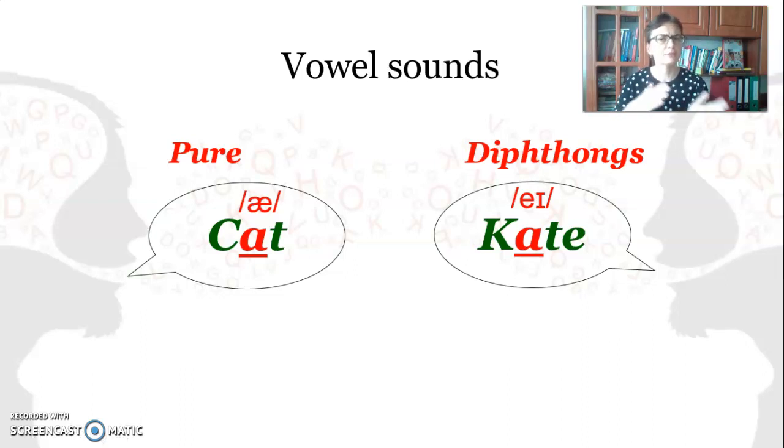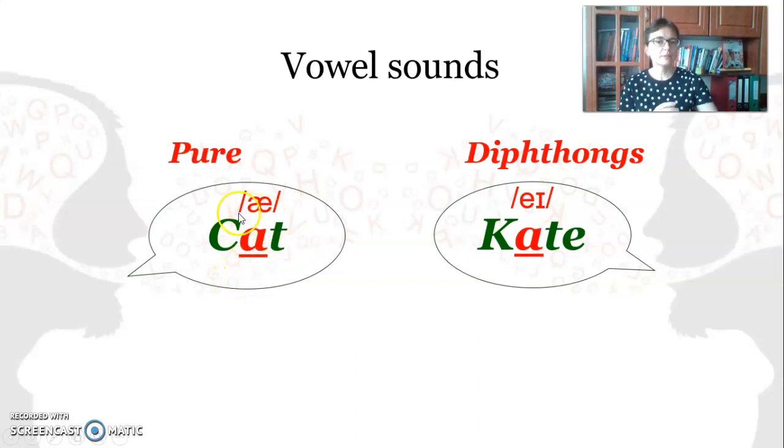What would be a difference between a pure or simple vowel sound and a diphthong? Let's try to pronounce the word cat. And now let's try to pronounce the word Kate. What would be the difference between the sound E and A? It has to do with the quality of the sound.